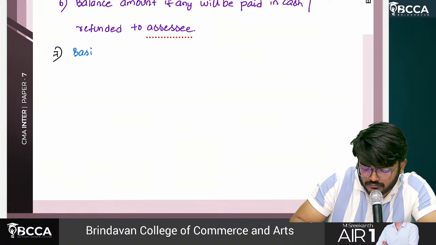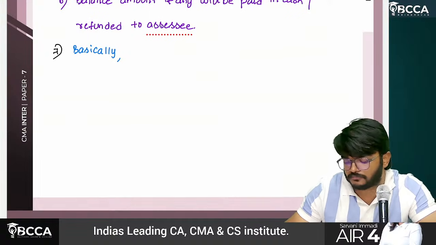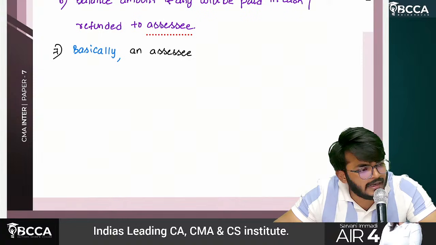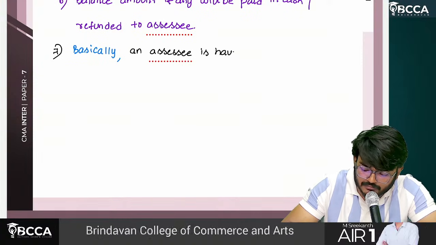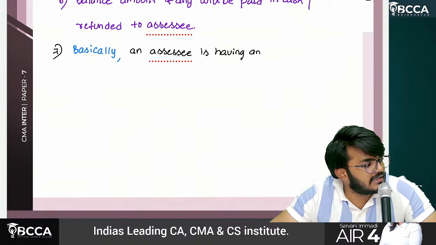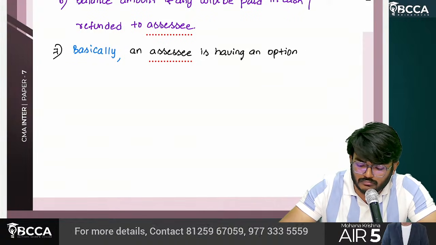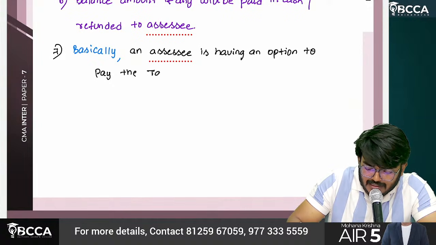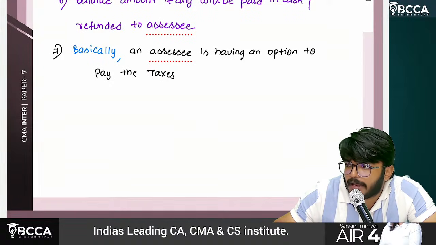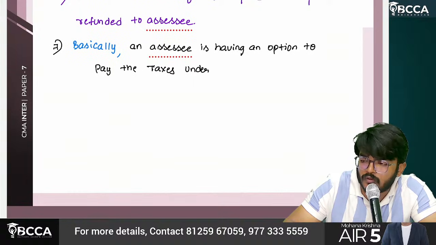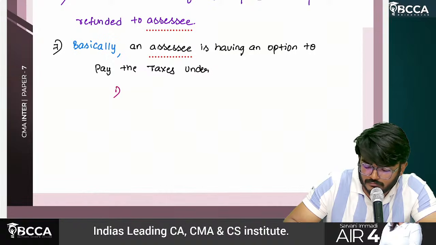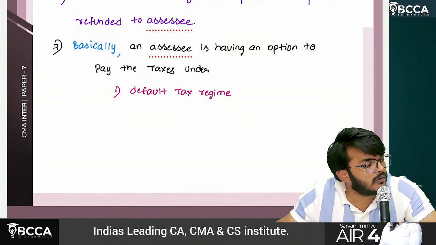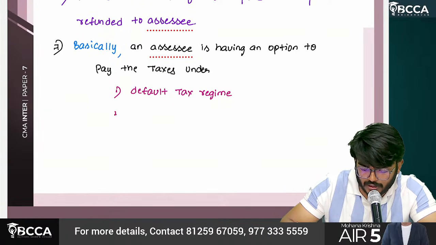Basically an SSE is having an option to pay the taxes under: first point, default tax regime; second point, optional tax regime.